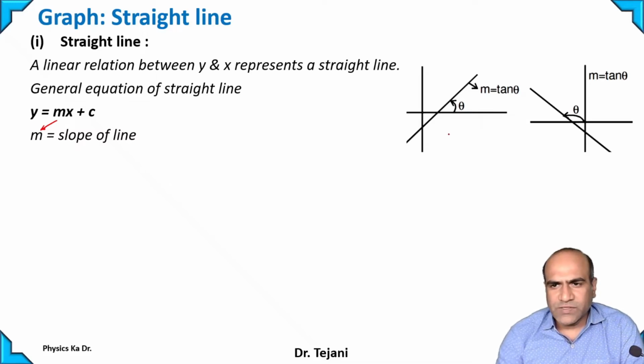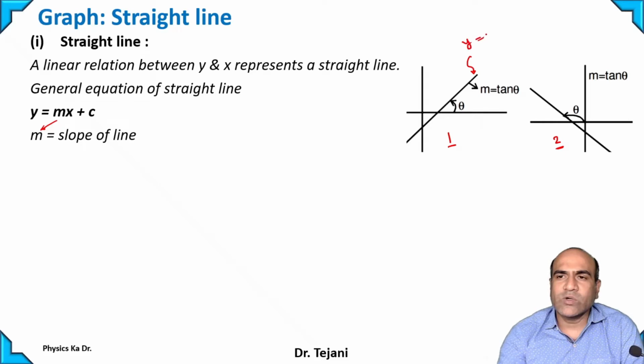Here, if you see drawing number 1 and drawing number 2, both are given. This m represents the slope, that means this angle theta, and therefore m becomes tan theta. That is the slope.